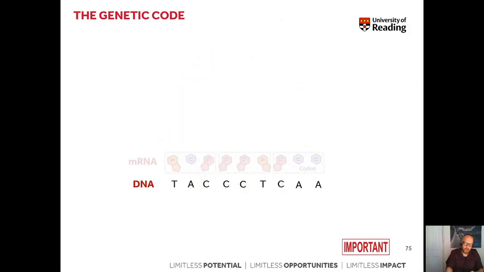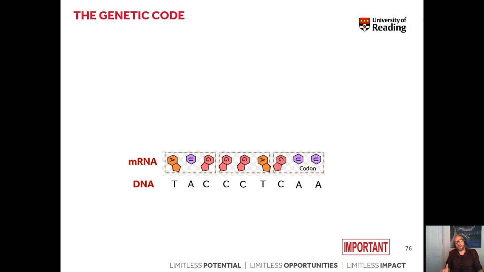Brilliant. So if we now look at the genetic code on the DNA, then we need to remember that the mRNA molecule resulting from the genetic code on the DNA is going to be antiparallel. Okay, so if the code on the DNA is TAC, then the complementary RNA is going to be AUG.